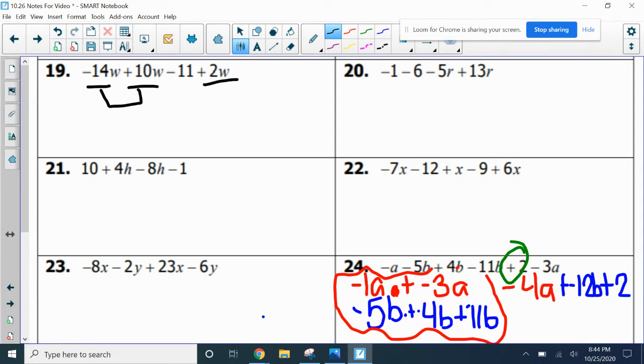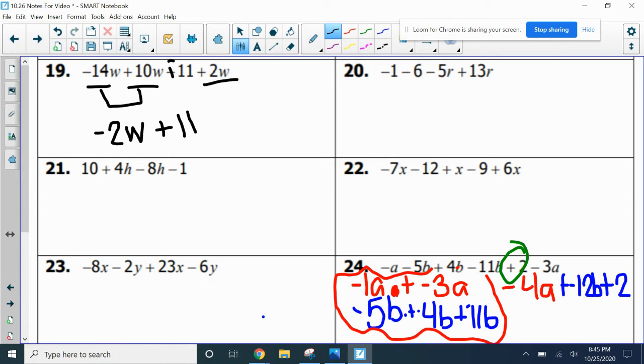Again, positive, negative, subtract, keep the bigger sign. 4 minus 2 is 2, and negative 4 is bigger. So you should have got negative 2w and negative 11, because again, also negative, is the only constant. So you got negative 2w plus 11.